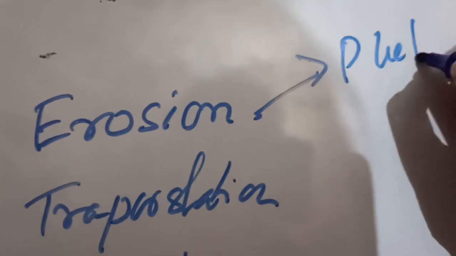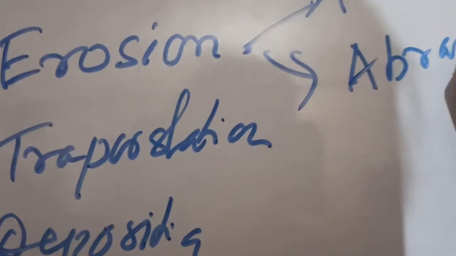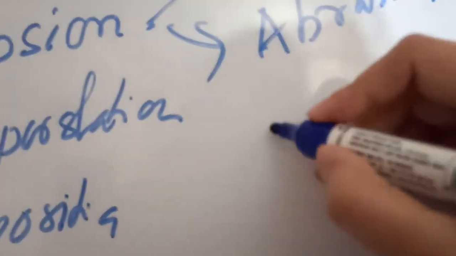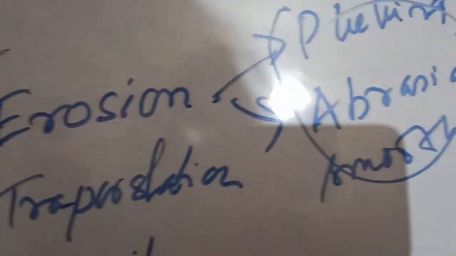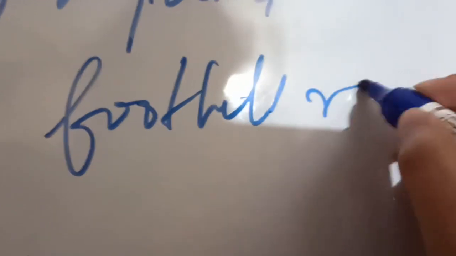One is plucking and another is abrasion. Plucking means picking up the things and making it rougher, and abrasion means making things smoother. Okay, after the process of plucking and abrasion, the materials get transported and then they are deposited at the foothill regions or at the lowland regions.